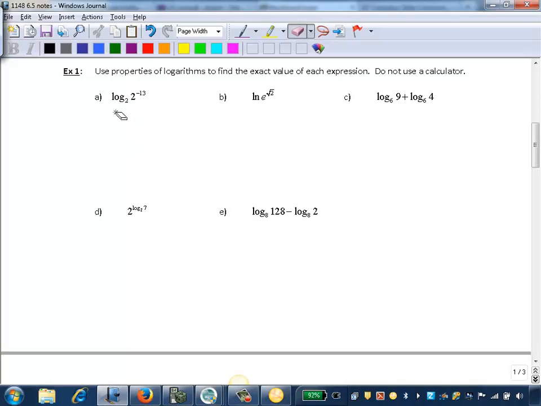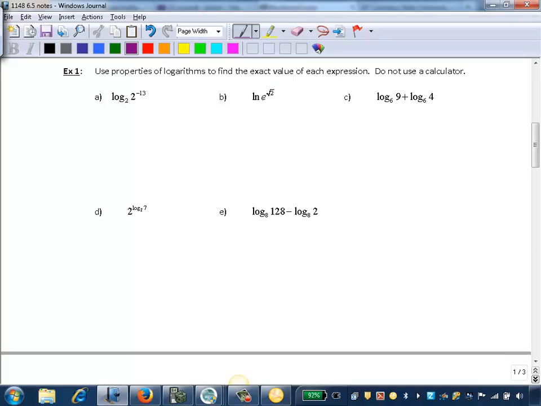So let's look at first at part A, log base 2 of 2 to the negative 13th power. If we just know the definition or how we evaluate a logarithm, remembering in informal words, this is asking for the power of 2 that would give us 2 to the negative 13th power, or 2 to what power would give us 2 to the negative 13.